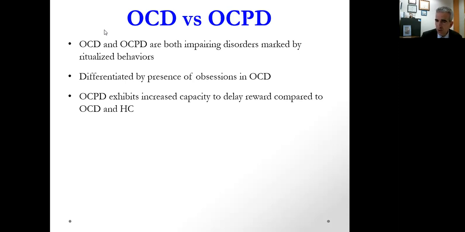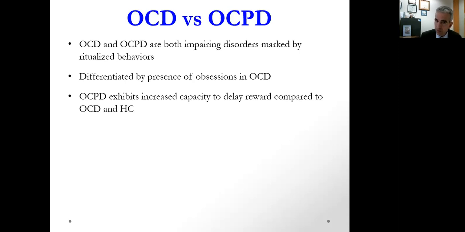So obsessions, which are intrusive or unwanted thoughts, that phenomenon, obsessions, was only found in individuals that had OCD. You do not see these intrusive, unwanted, anxiety-provoking thoughts in individuals with OCPD.